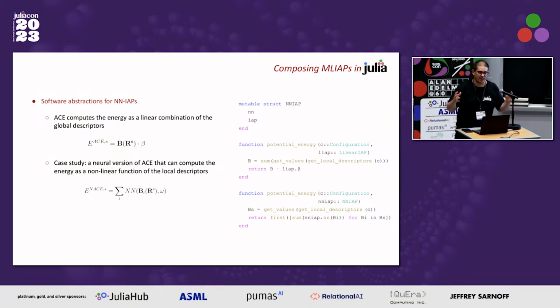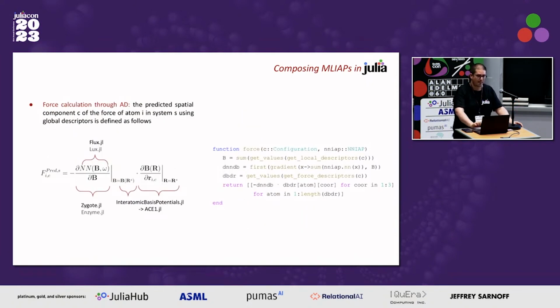So the idea is to reduce the complexity of developing these potentials. I also mentioned that automatic differentiation is critical here, because every time we need to change a model, we need to compute the gradients of the model to compute the forces. So we need good tools for doing that.